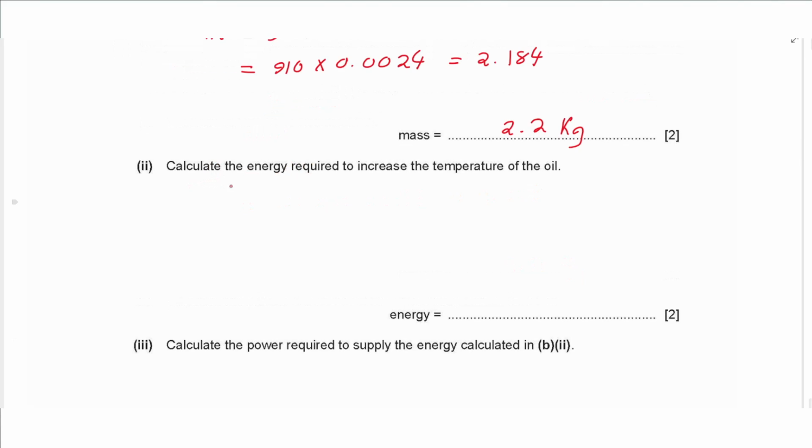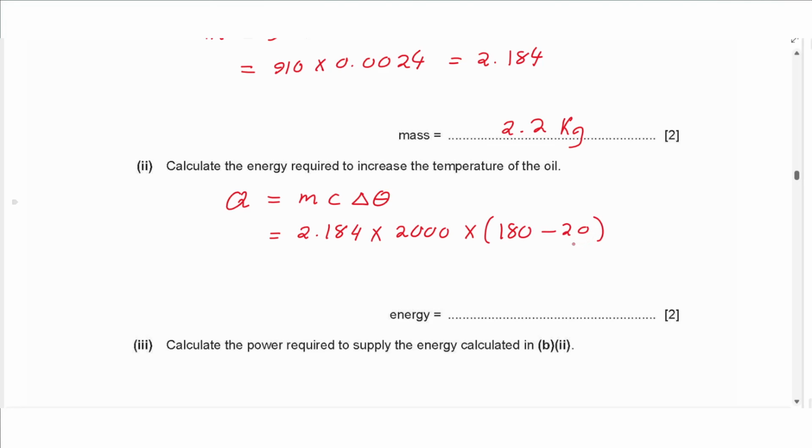Part II says calculate the energy required to increase the temperature of the oil. We can use the energy equals mass multiplied by the specific heat capacity and the change in temperature. So we have the mass, we use the real value 2.184 multiplied by the specific heat capacity given in the question, 2000, and the change in temperature between 180 and 20 degrees, also given in the question.